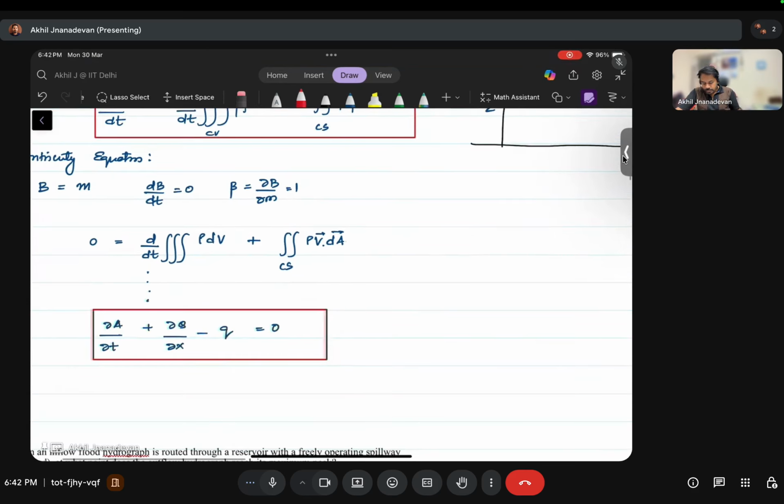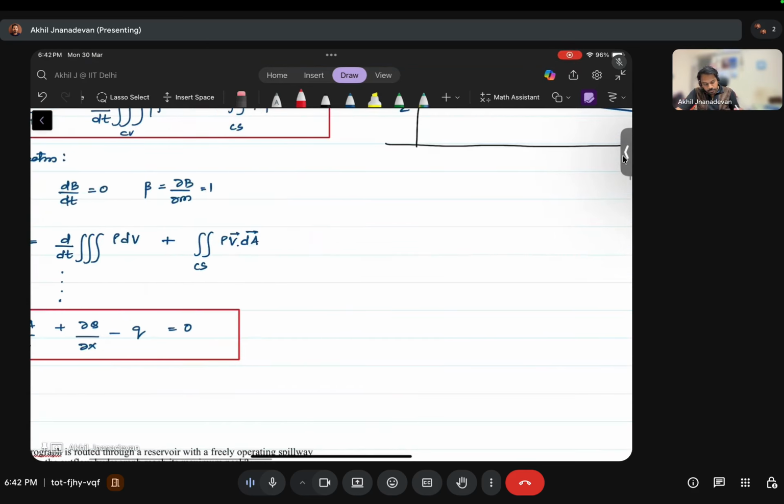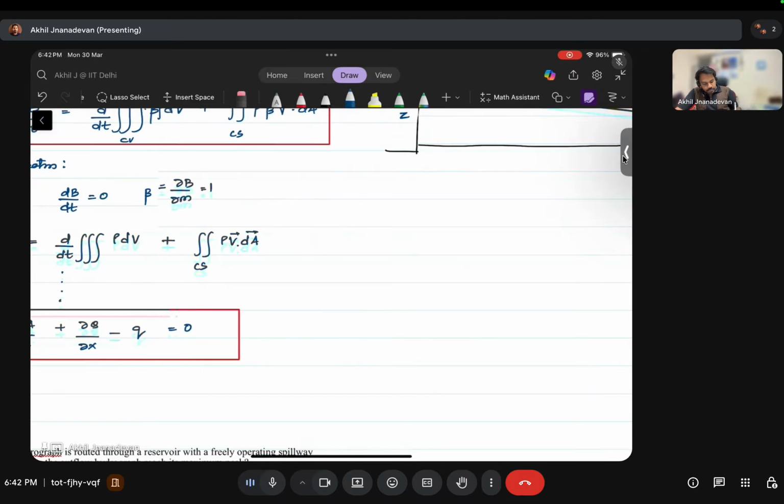Similarly, if we model the momentum equation, the derivation I'm not showing here.